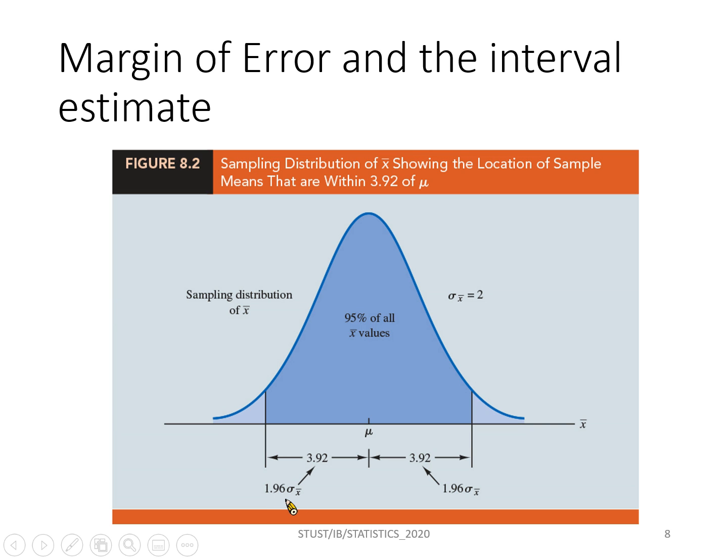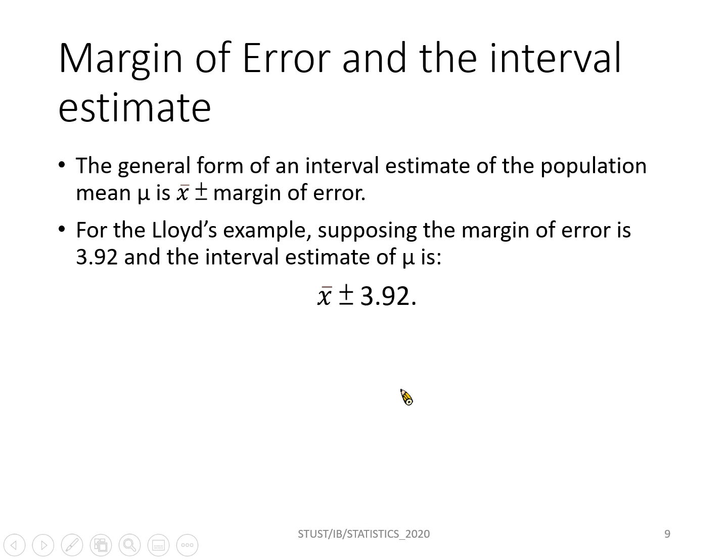We multiply it by the standard error to get an interval around mu of plus or minus 3.92, and a sample mean has a 95% probability of falling in this area.